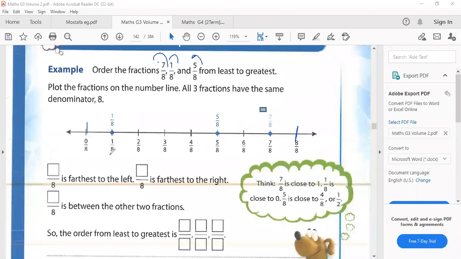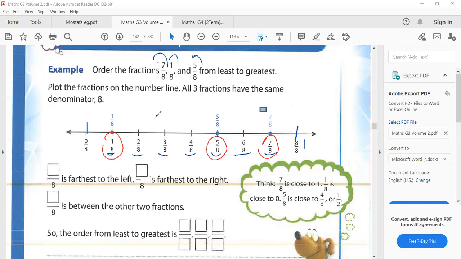We're gonna start with 1 over 8, then 2 over 8, 3 over 8, 4 over 8, 5, 6, 7, then 1. It will be 8 over 8. And we're gonna circle the three fractions that we have here. 7 over 8 will be circled, 1 over 8 also, like this, and 5 over 8, like this.